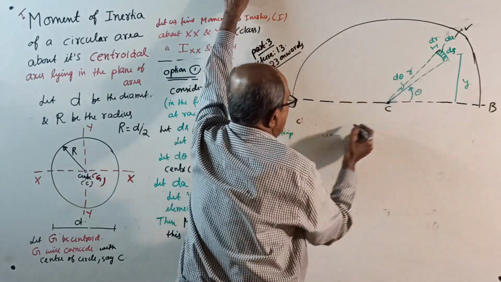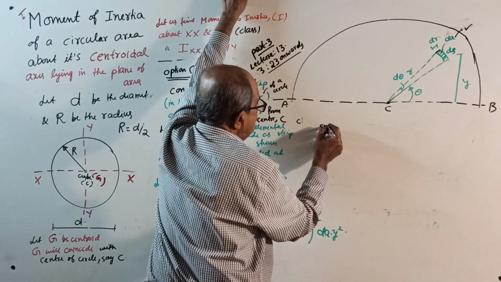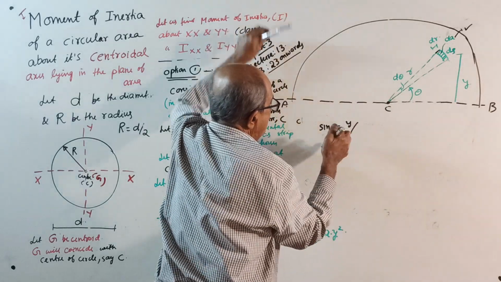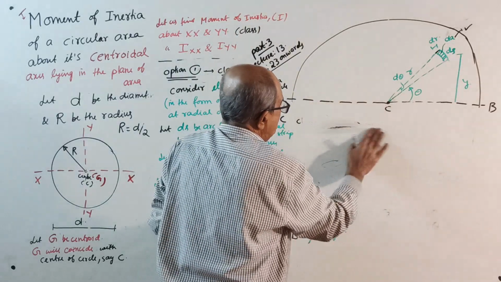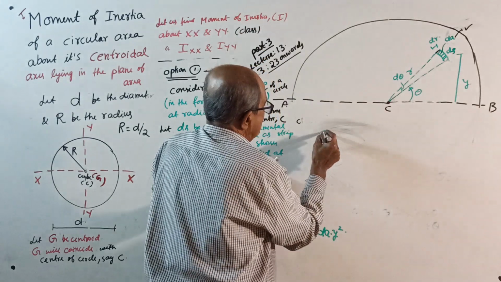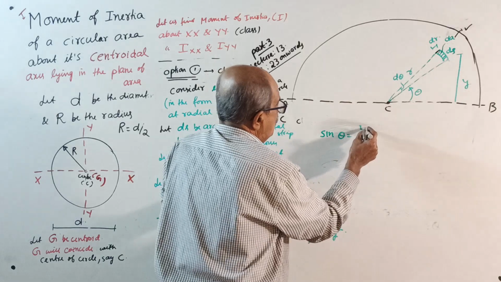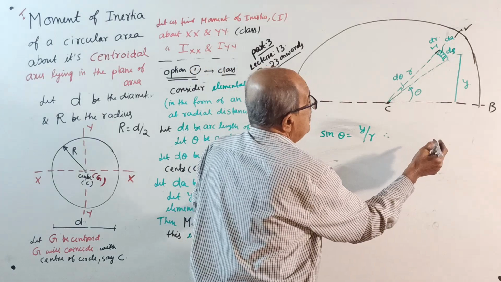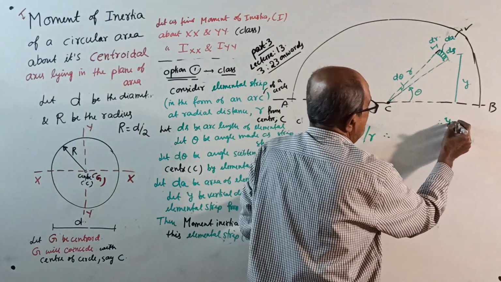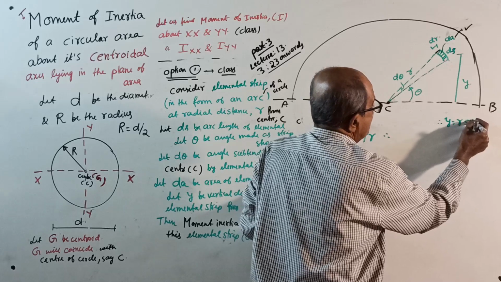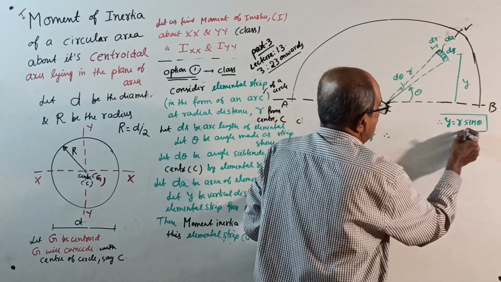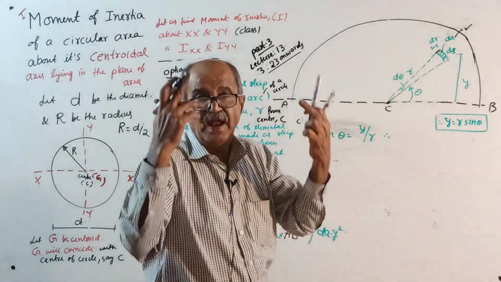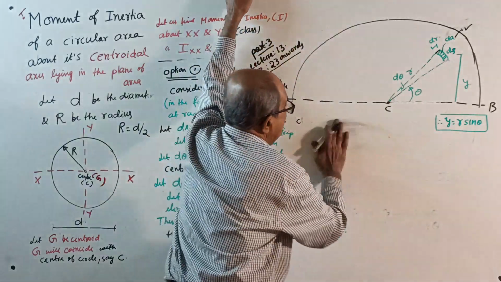First y. Sin theta equal to y divided by r. Therefore, your y will become r into sin theta. One result. Somebody will ask, sir, there are small things here. In that class I told, small things are not there.